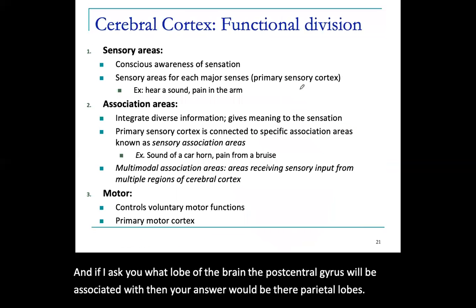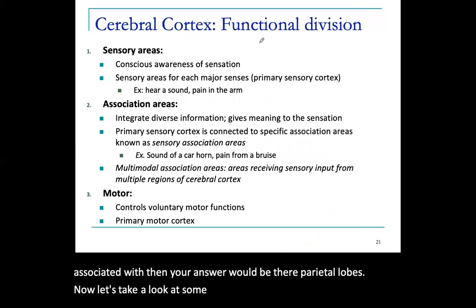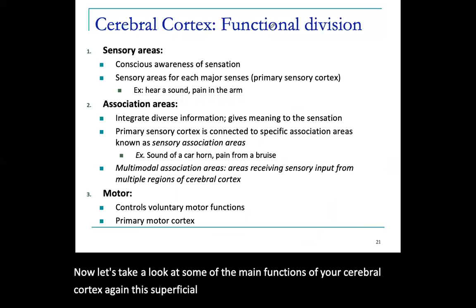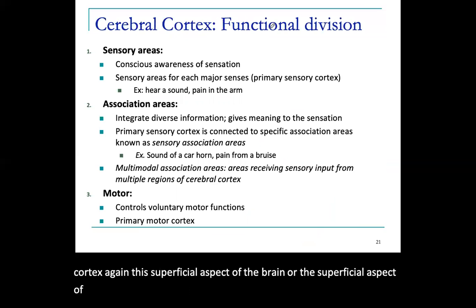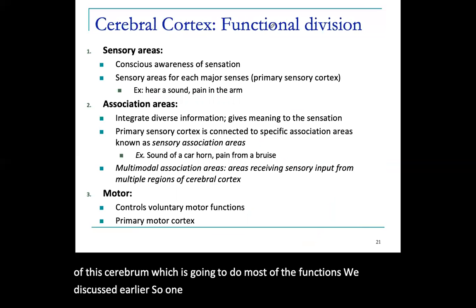Now let's take a look at some of the main functions of your cerebral cortex. Again, the superficial aspect of the cerebrum is going to do most of the functions we discussed earlier. So what functions are they going to carry out?